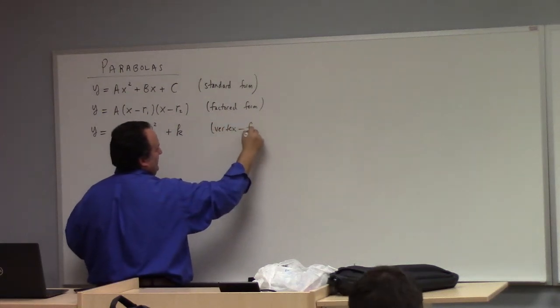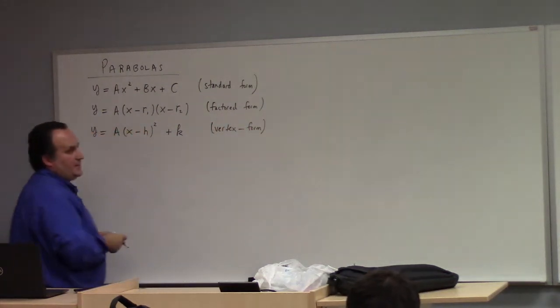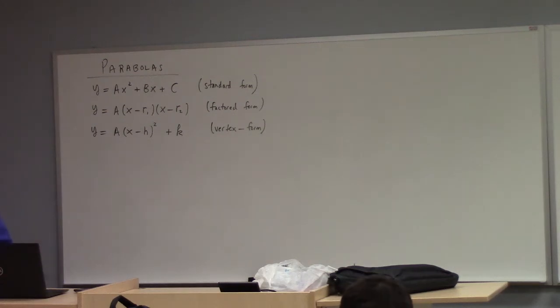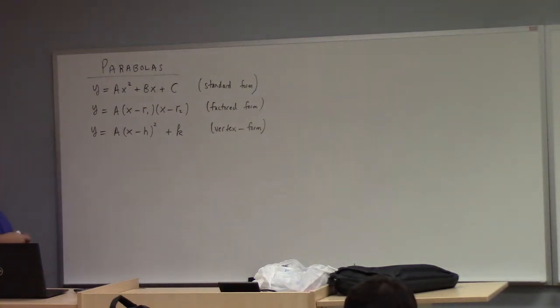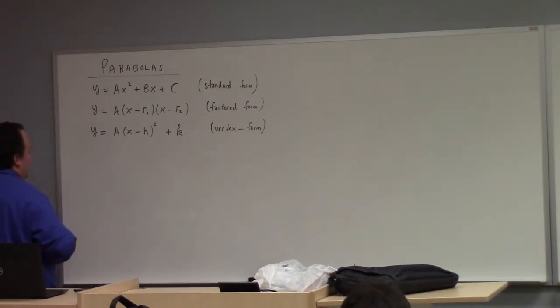Of course, each one of these has its advantages. The standard form is oftentimes just the natural way the formula comes to us for whatever reason. The factored form lets you see x-intercepts without work. You can just see the x-intercepts from the formula. And the vertex form makes the vertex of the parabola manifest.